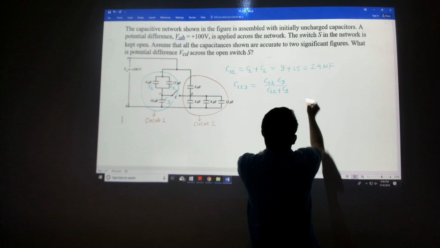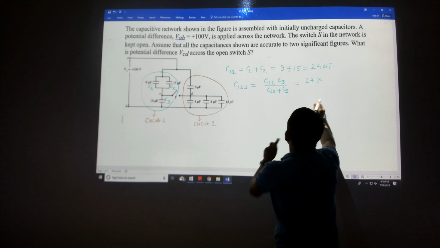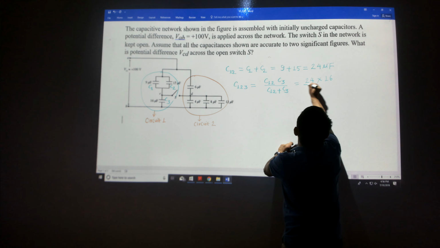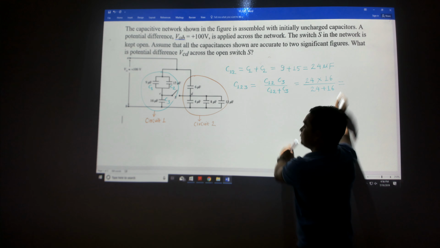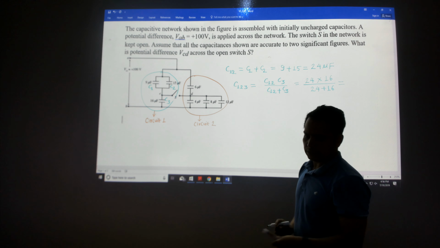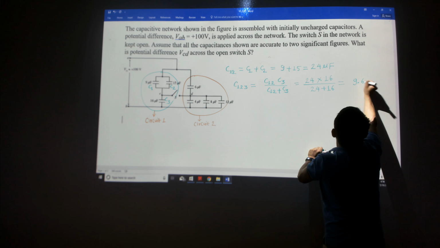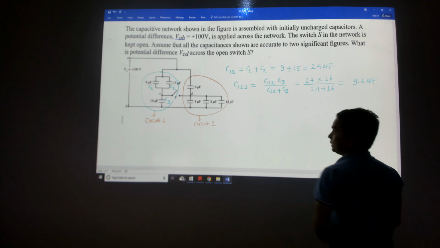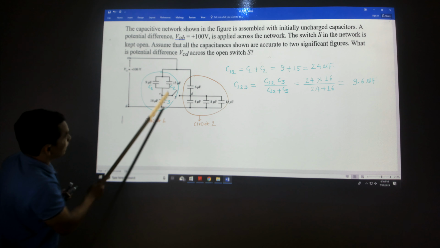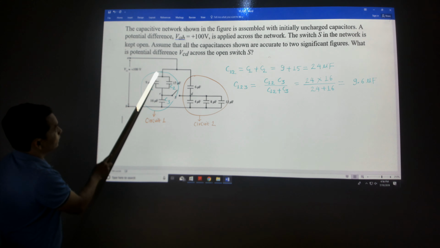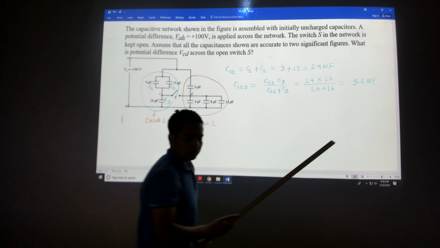C12 we already calculated, which is 24, times C3 which is 16, over 24 plus 16. If you do your math, the number you will get is 9.6 microfarad. So between this point and this point, the net capacitance is 9.6 microfarad.